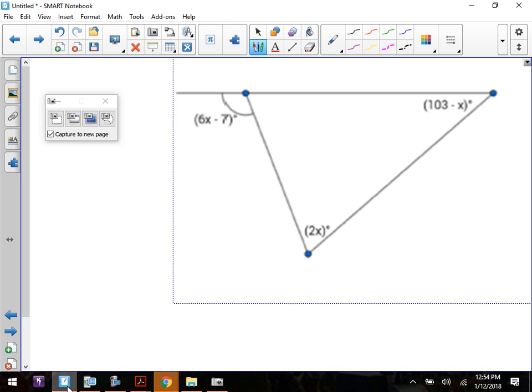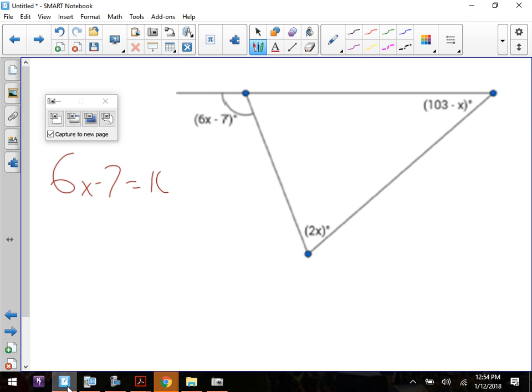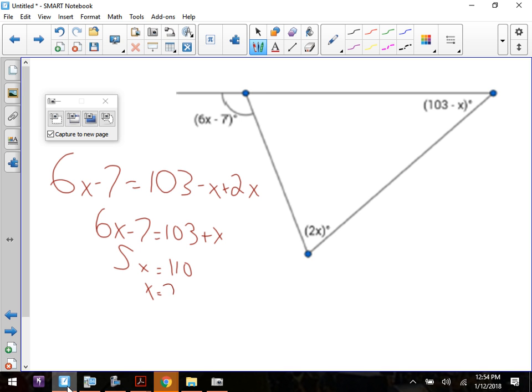The exterior angle of a triangle has to equal the sum of the two it does not touch. So we get 6x minus 7 is 103 plus x. X in this case was 8.